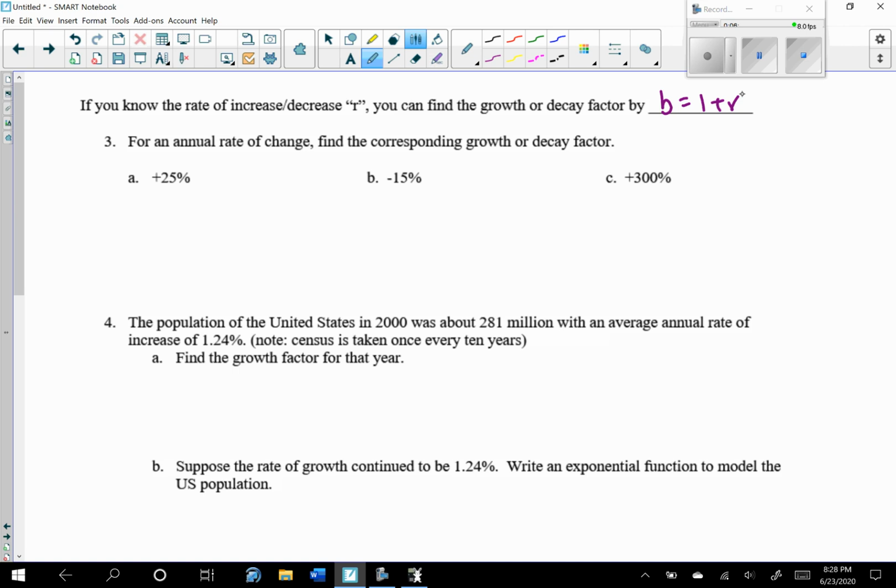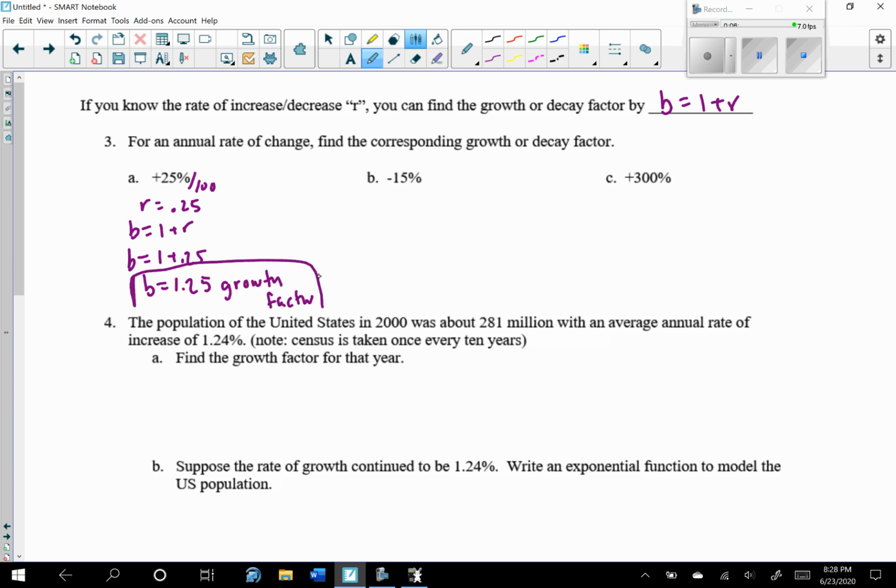For this first one, 25%, first of all, we want to find what the r value is by dividing that by 100. So r is equal to 0.25. Then your b value is equal to 1 plus r. So b is equal to 1 plus 0.25, so b is equal to 1.25, which is a growth factor.